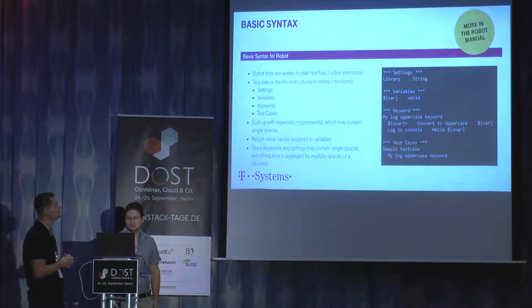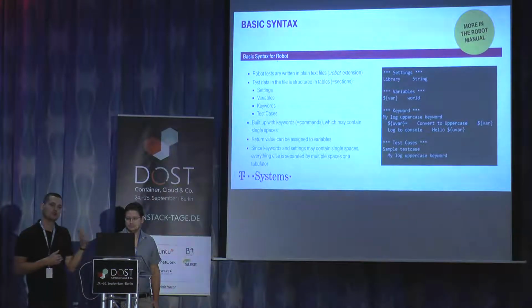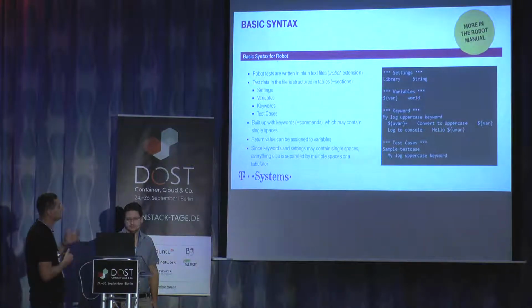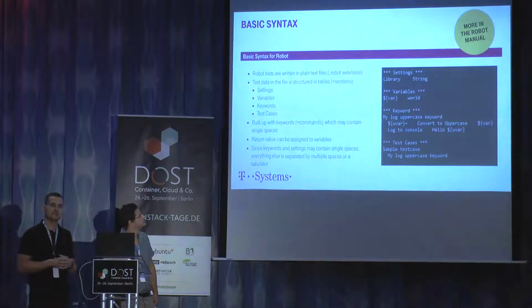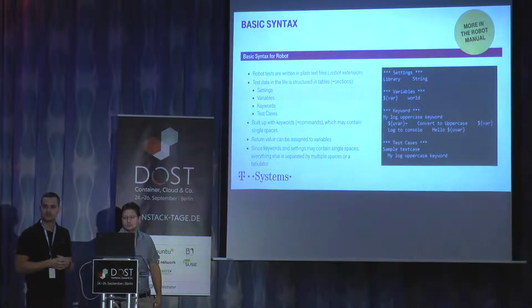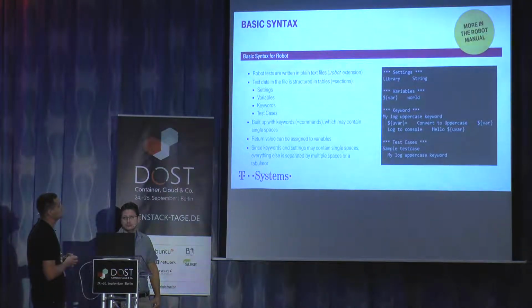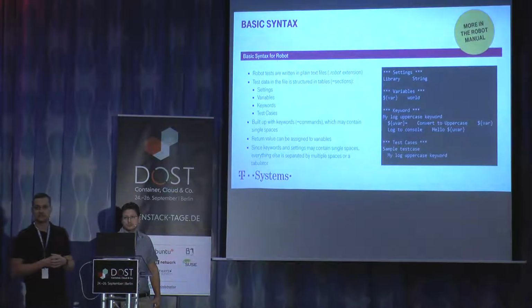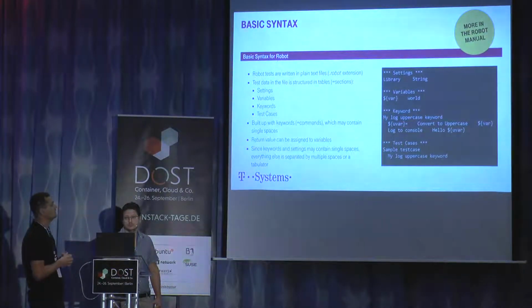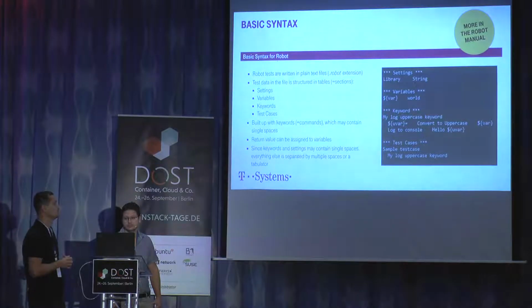This includes the library which we are going to use within our test case. In our particular case, we load the String library. This library includes string operation keywords. The second section is the variable section. In our particular case, we define a variable with the value world.